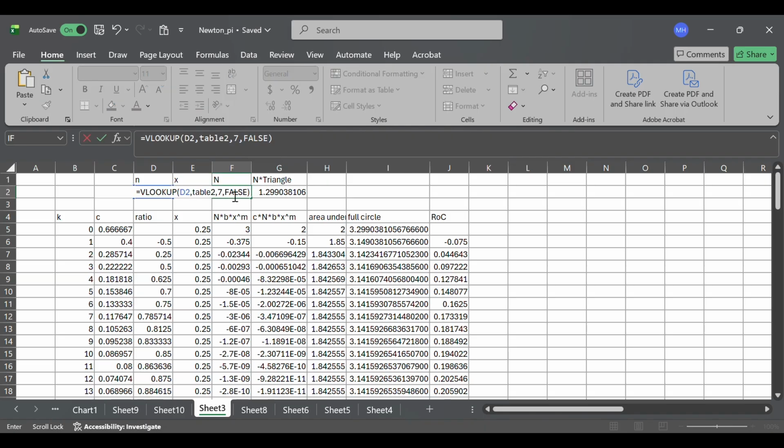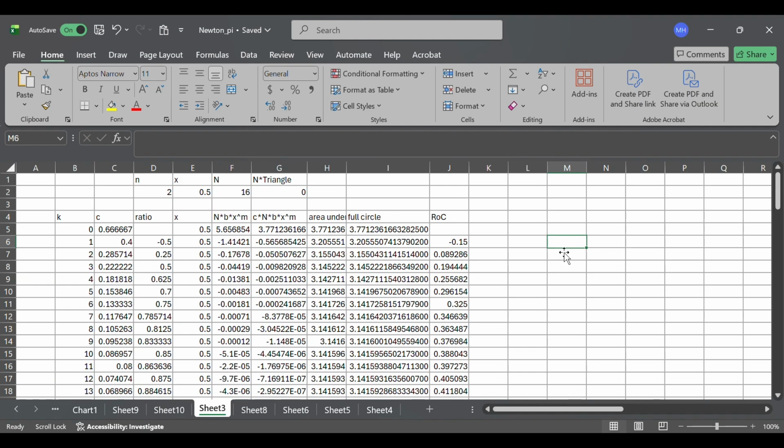For the scale factor, it was column number 8. For the triangle, it was column number 6. Okay, that's the data. And if we change the number of sectors, we can populate that with the different data. And we get the calculation.